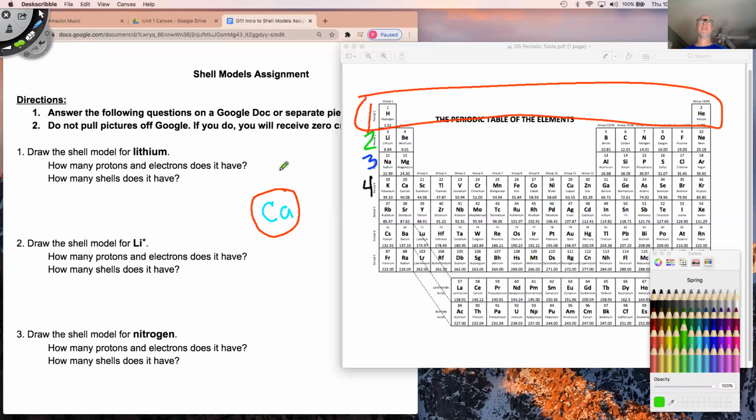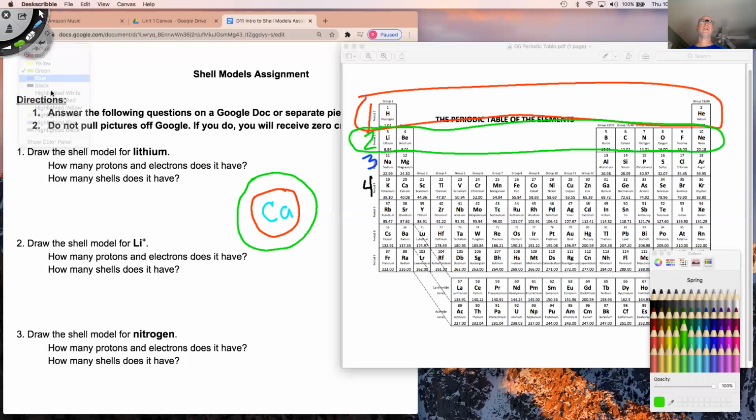Second shell is going to be green. So here's the second shell right here, and this is the row that correlates to the second one. What color would the third shell be? My third shell would be blue. So here's the third shell. And yep, you guessed it. I'm not going to draw it, but you can see that that would be it. And the fourth shell is going to be black.